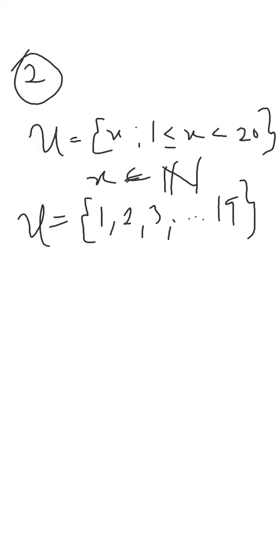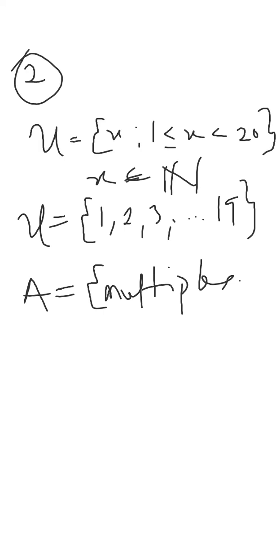So they can give you something like this. The subset of U, okay, they can tell you, you have something like, okay, I can give you anything, just multiples, as simple as that can be. Multiples of 3.